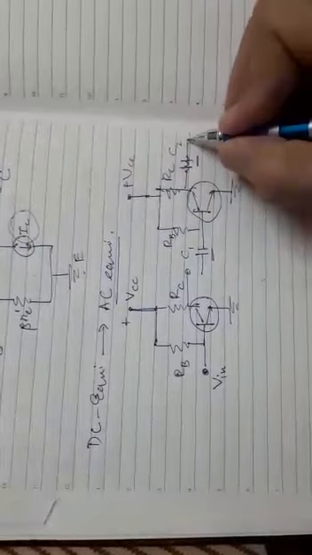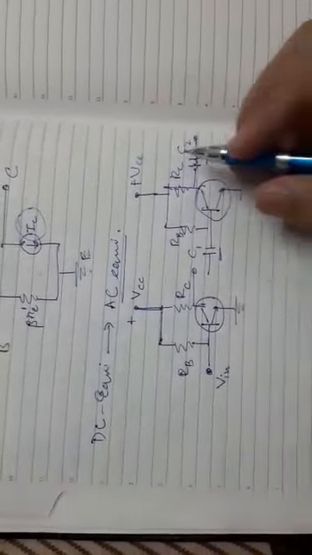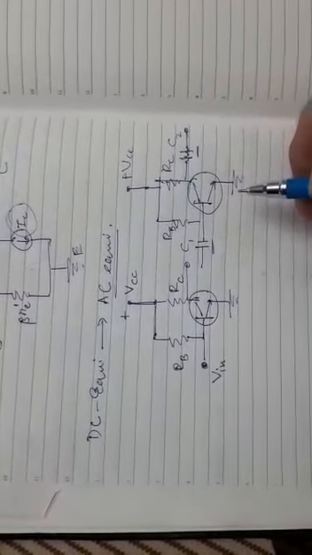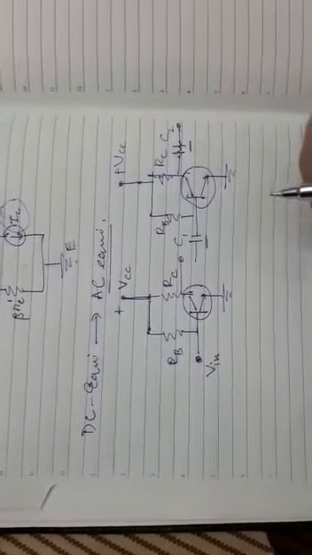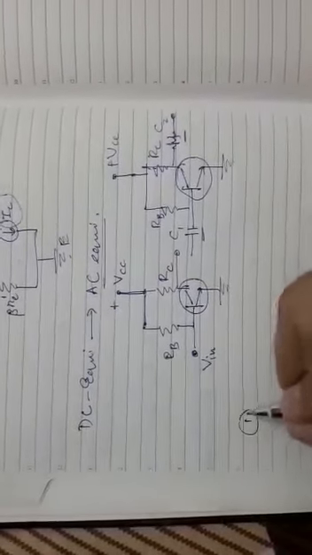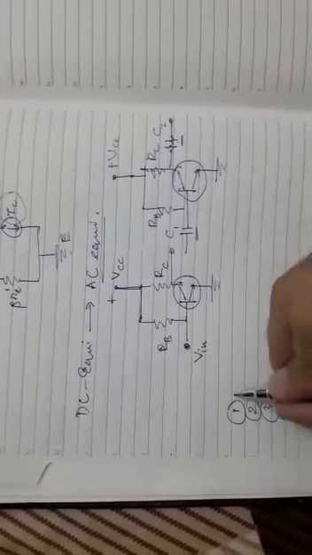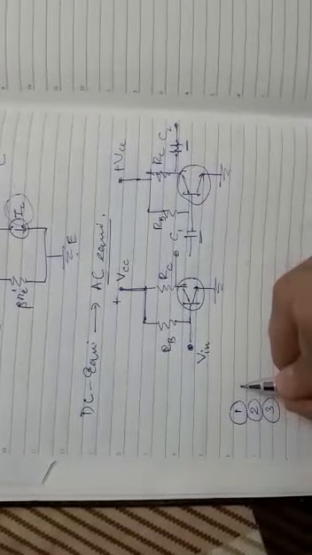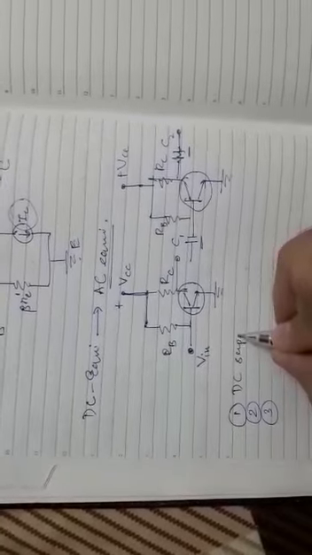So don't worry about these capacitors, as we have some rules about them for converting this DC equivalent to the AC equivalent. These three rules are most important. The first rule: the DC supply needs to be short circuited.